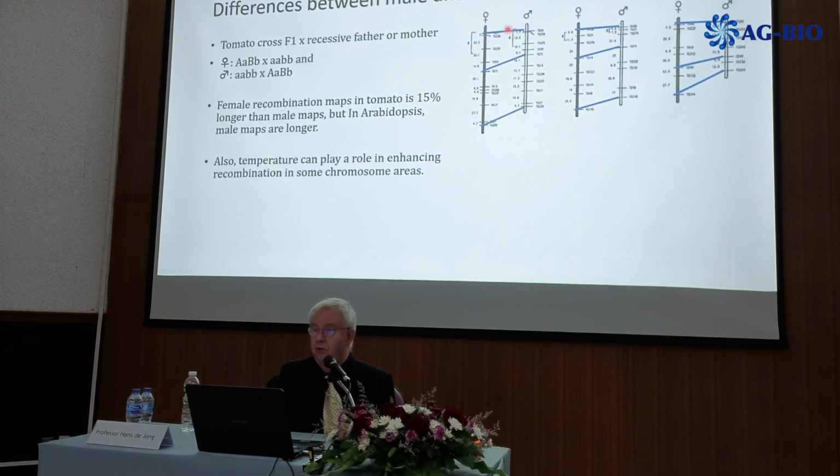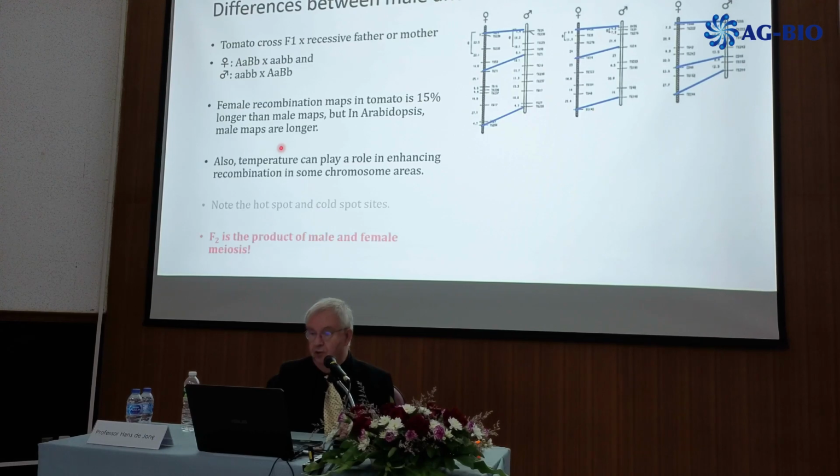And what you see, to our surprise, is that the female linkage map is always larger than the male map. So that is what you can see clearly in the female recombination in tomato. We're talking about tomato maps. They are 50% longer than male maps.